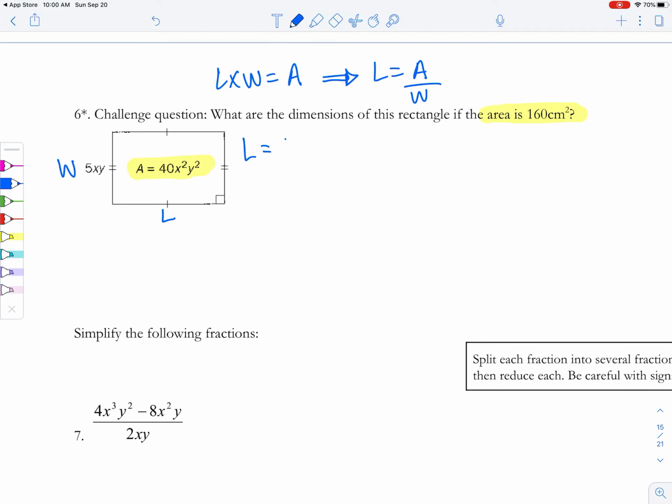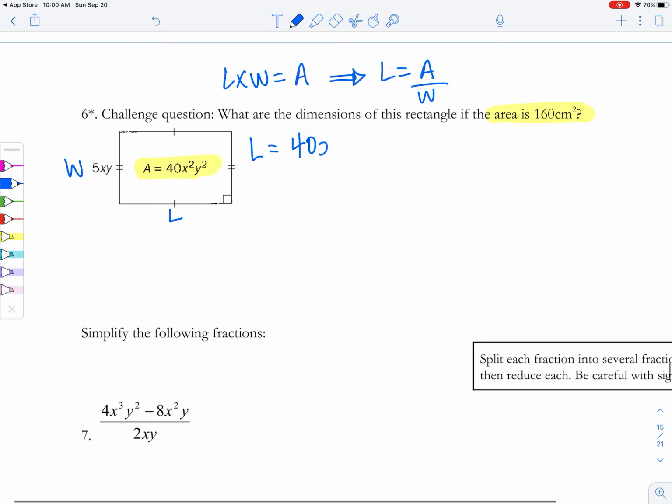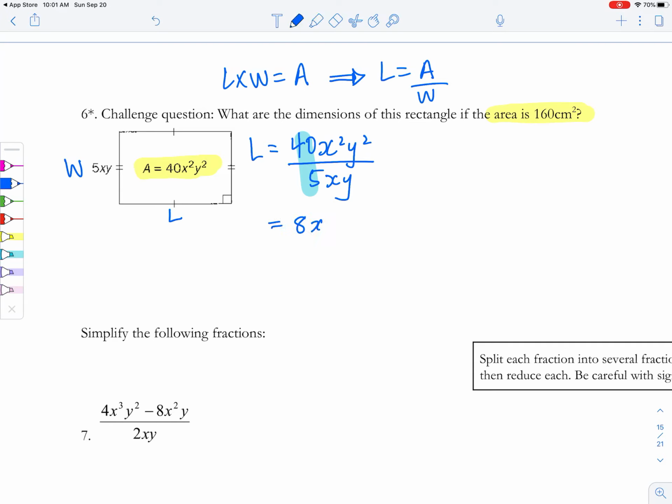So our length is going to equal 40x squared y squared divided by 5xy. Following the rules, 40 over 5 gives me 8. X squared over x gives me just 1x up top, and y squared over y gives me just 1y up top. So our length equals 8xy.